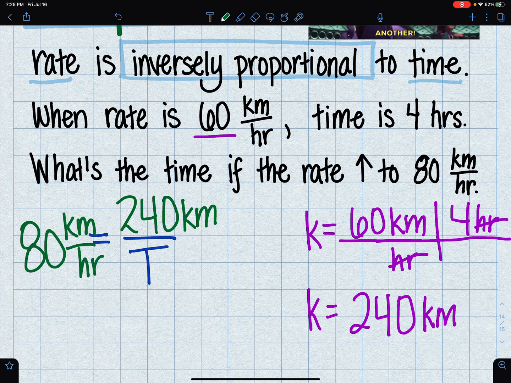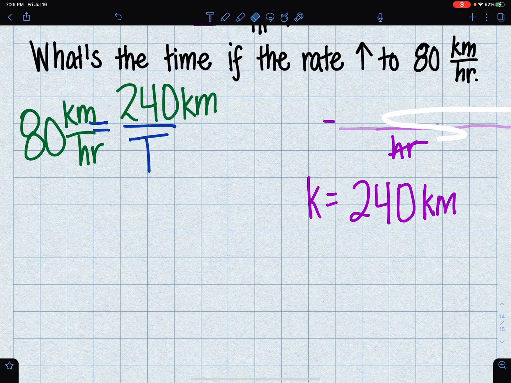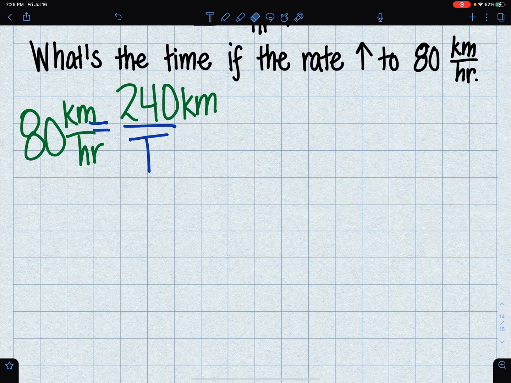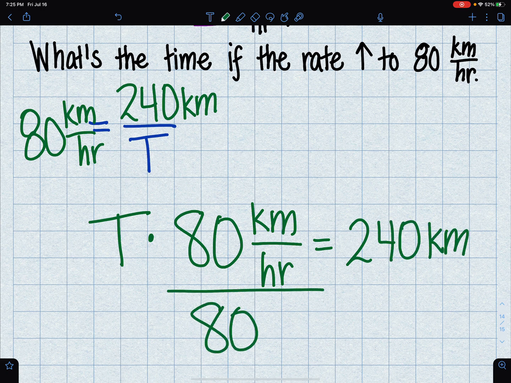For me, it's helpful to bring T to the other side in that situation. So T times 80 kilometers per hour is equal to 240 kilometers. So let's divide this by 80 kilometers per hour.